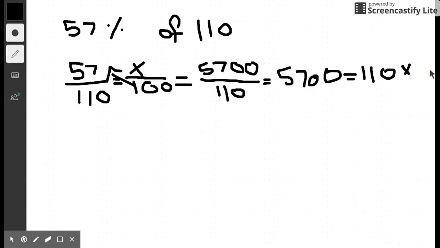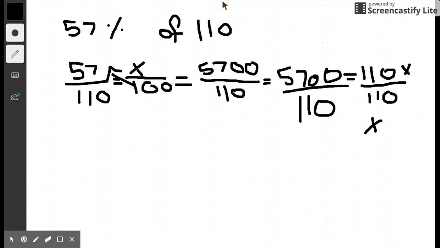So in this way, you want to get x by itself, which means that you have to divide 110x by 110, and that leaves you with x. Now, since you divided this part, you also have to divide 5,700 by 110. So let's do 5,700 divided by 110.